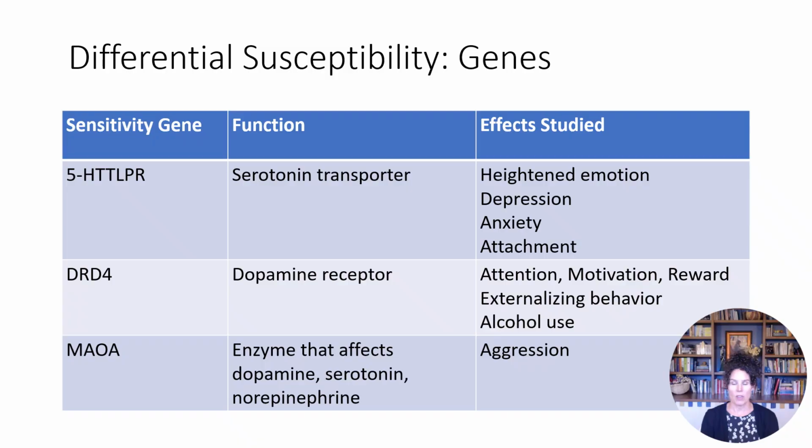That's associated with things like attention, motivation, reward, so like ADHD-like symptoms, external behavior, and also substance use. And then we've got the MAOA gene, which codes for an enzyme that affects dopamine, serotonin, norepinephrine, and that has been associated with more research on aggression.